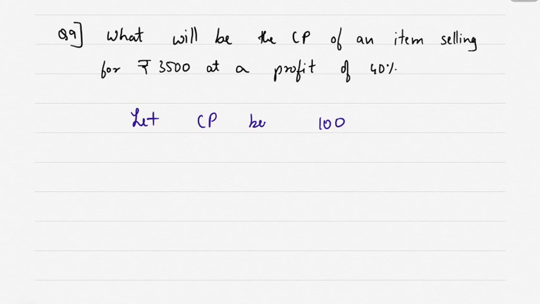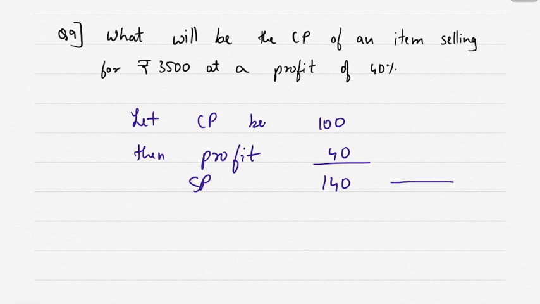If cost price is 100, then profit is 40, because profit is 40%, right? Which makes selling price 140. Okay, and here selling price is given as 3,500.